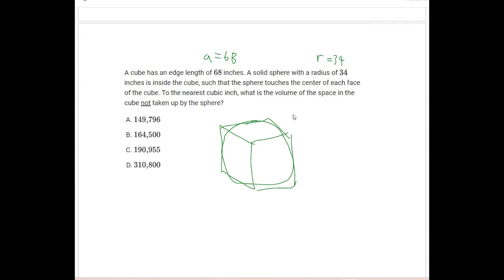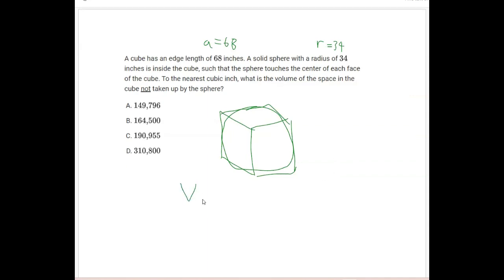Since the sphere is inside the cube, I can go ahead and determine that we need to subtract the volume of the sphere from the volume of the cube. So the volume of the cube is equal to a cubed, and the volume of the sphere is equal to 4 over 3 pi r cubed. So the difference is a cubed minus 4 over 3 pi r cubed.